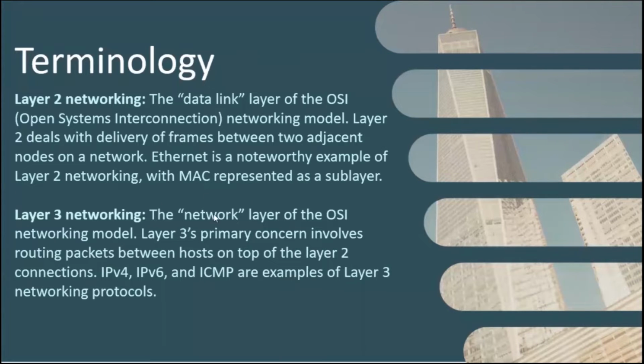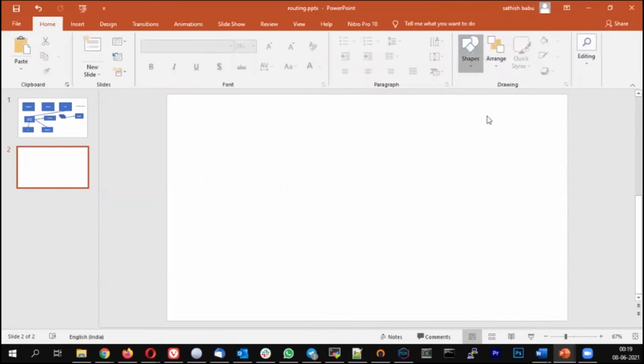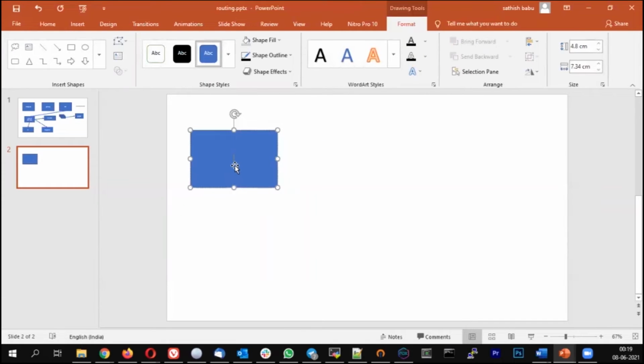The next layer is called the data link layer. Imagine there are two machines. Let me say server A with the IP address 192.168.1.10.